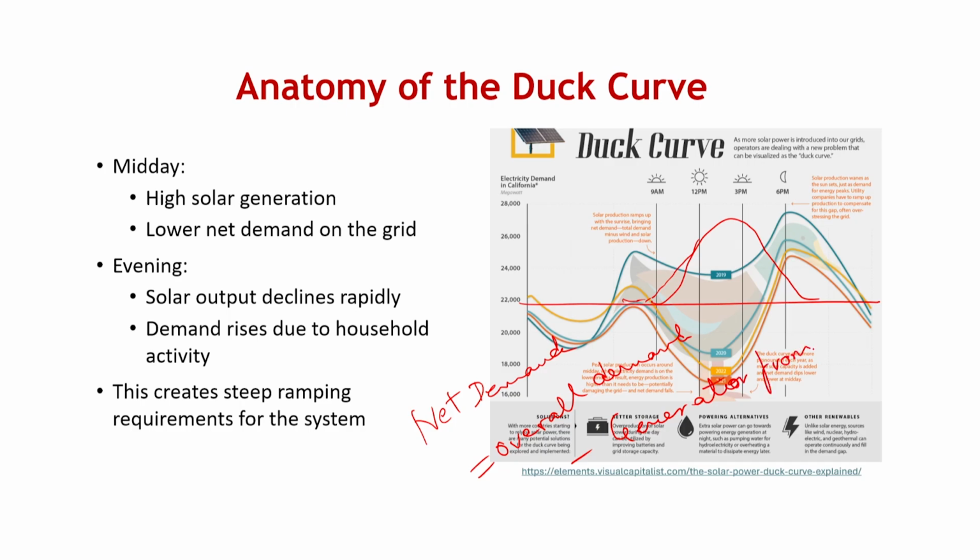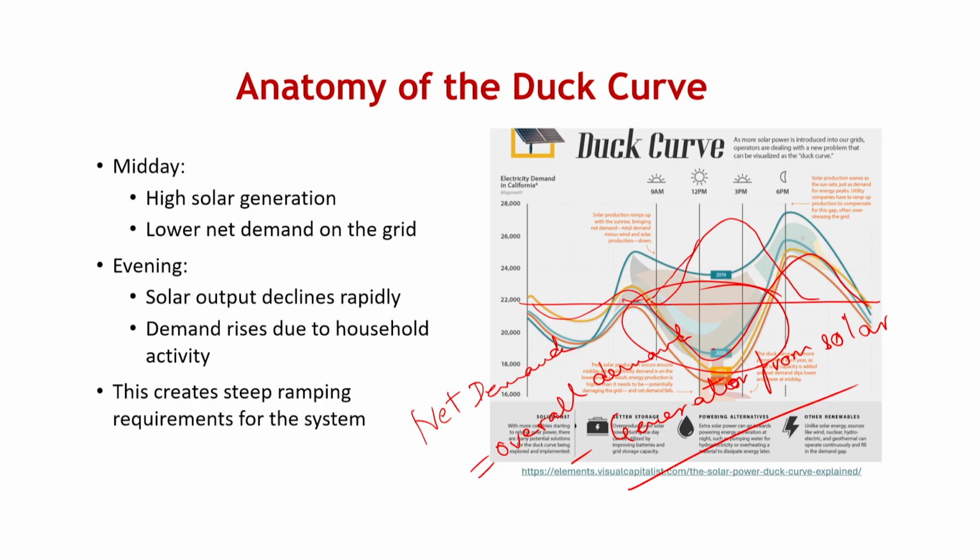If you start doing that, then suddenly your net demand curve starts taking a shape which is something like this. Because now, during some period of the day, your demand is primarily met by a source which is available at that period of time.